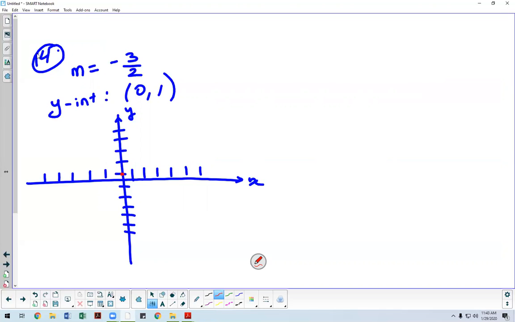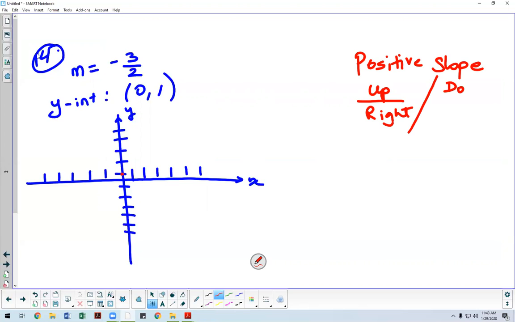So if this helps you, you can think of it this way. If it's positive slope, you are always going up and right, because you go up, positive, go right, which is also positive. But sometimes if there's no room on the right-hand side, you can actually go down and left, and you will still be on the same line.